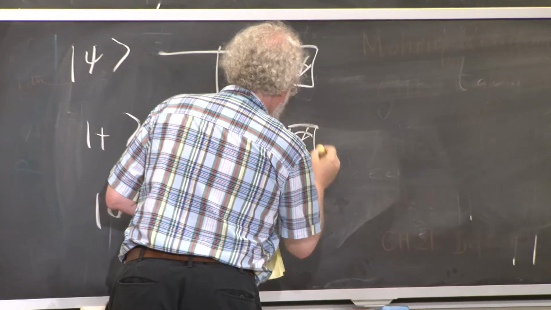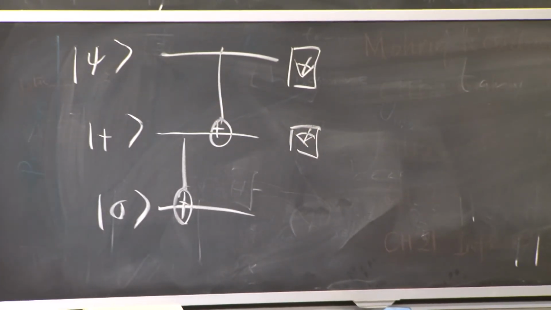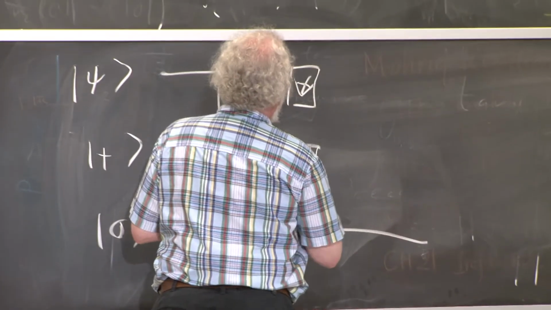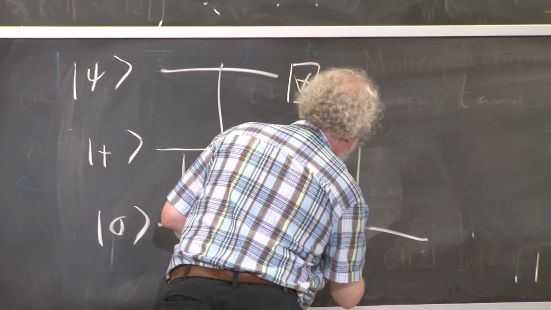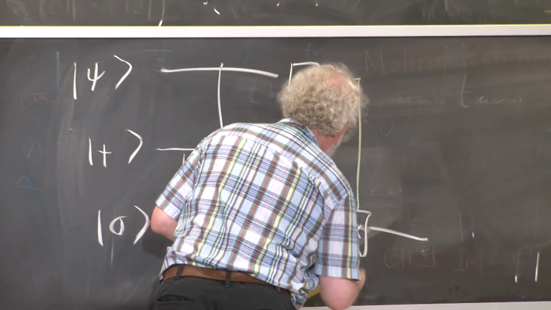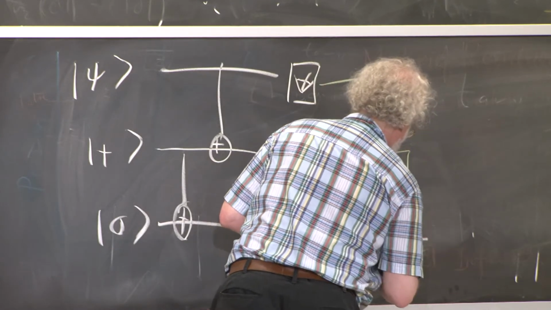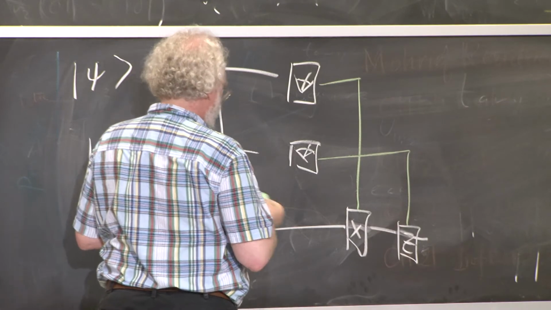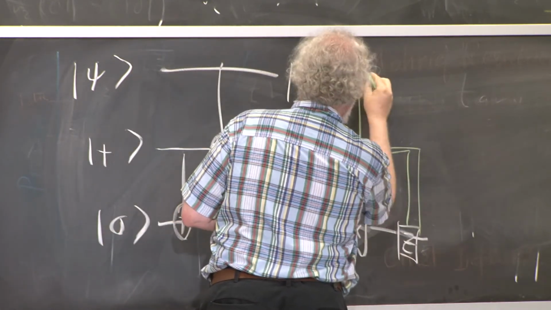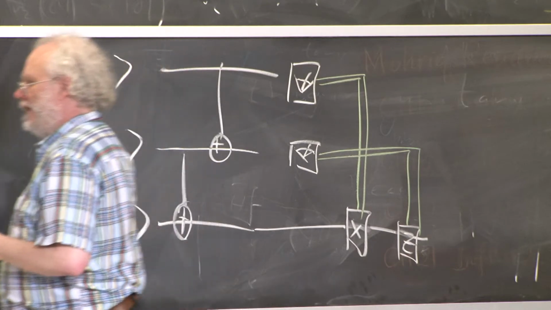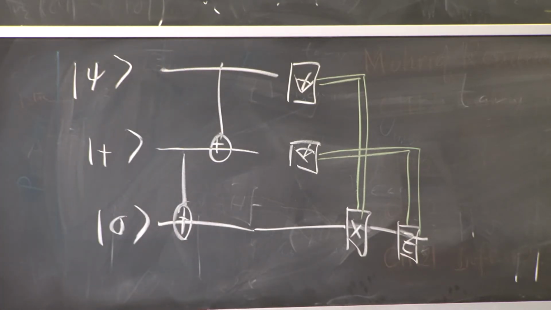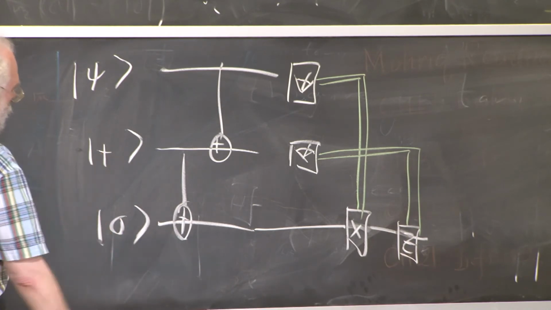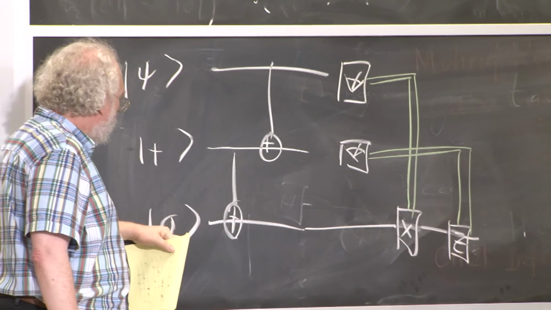Measurements. And let's see. So this first thing is done before these 2 qubits get distributed to Alice and Bob.